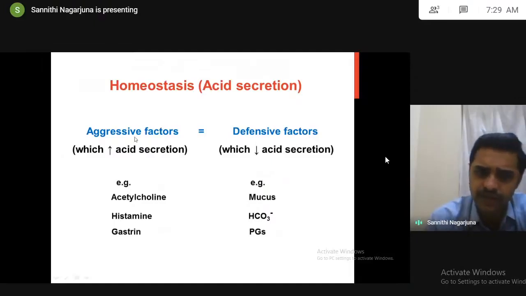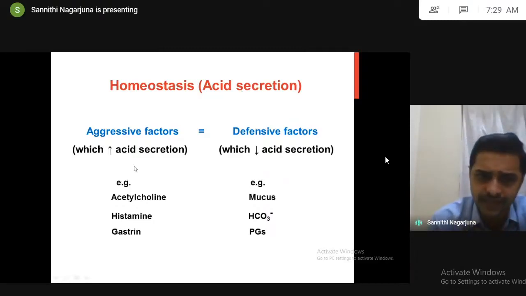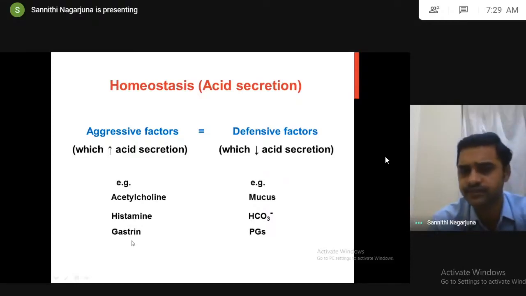The aggressive factors are the factors which increase the acid secretion. The defensive factors are the factors which decrease the acid secretion. Both should be in balance, usually equal. This is how acid secretion is maintained in our body. The examples of aggressive factors are acetylcholine, histamine, gastrin. The examples of defensive factors are mucus, bicarbonate ions, prostaglandins.